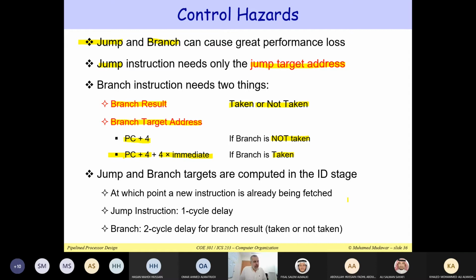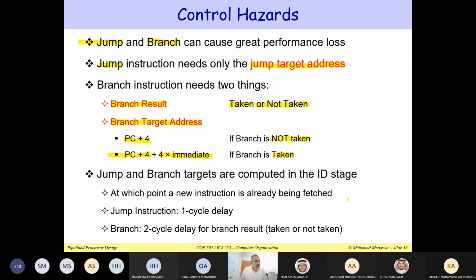Right, so in the case of jumps and branches, first we have to fetch them. So we fetch them from the instruction memory. Once we have it, the instruction will be in the second stage of the pipeline. During the second stage of the pipeline, we examine the opcode. This is when we decode the instruction. We examine the opcode.